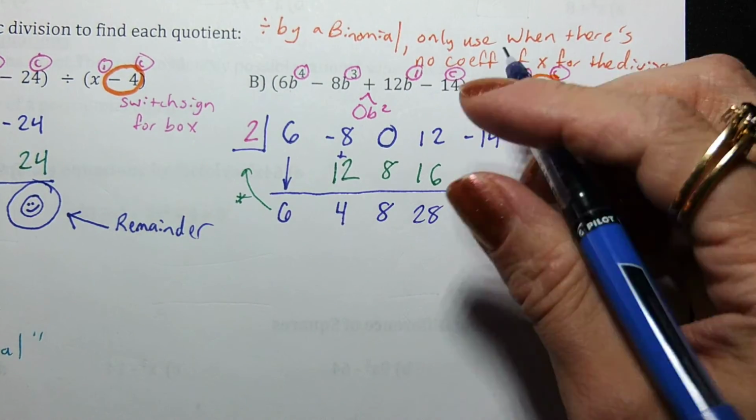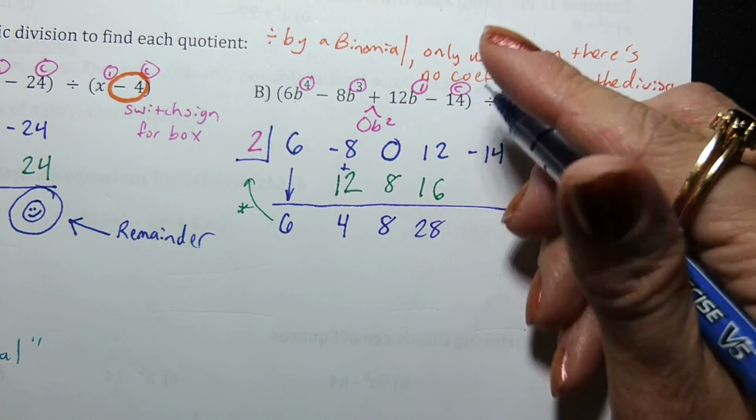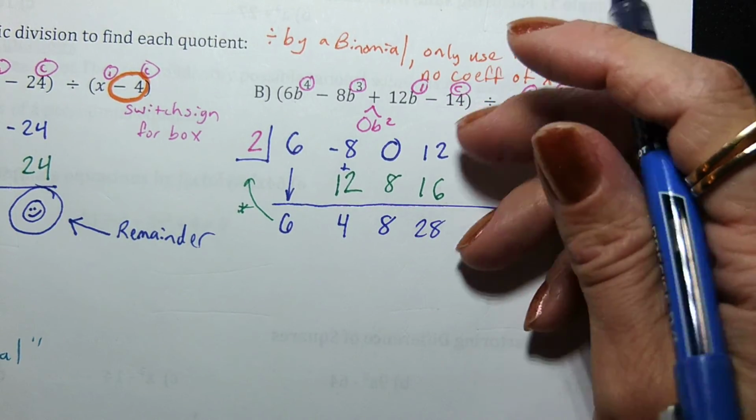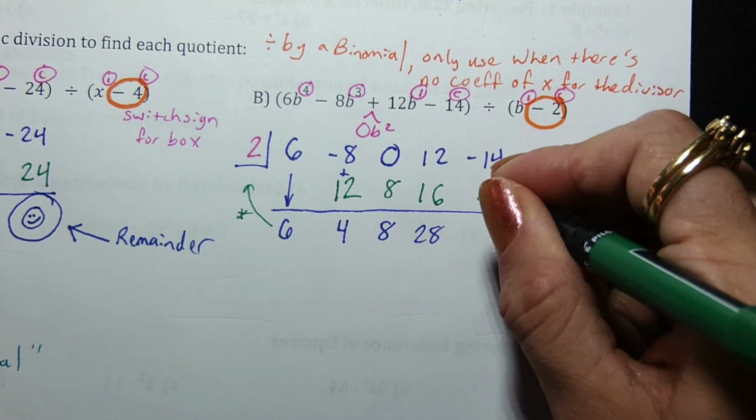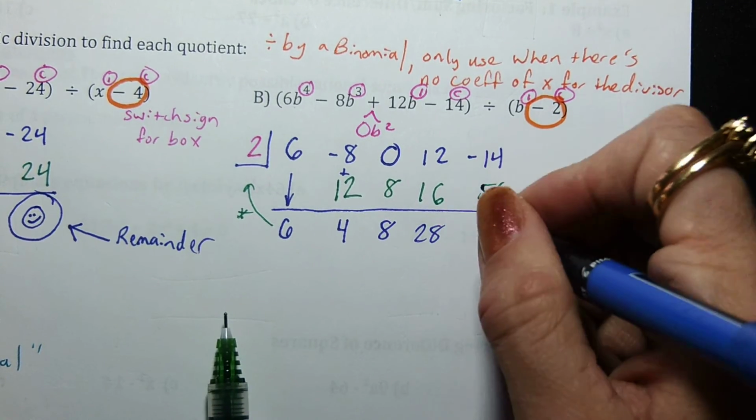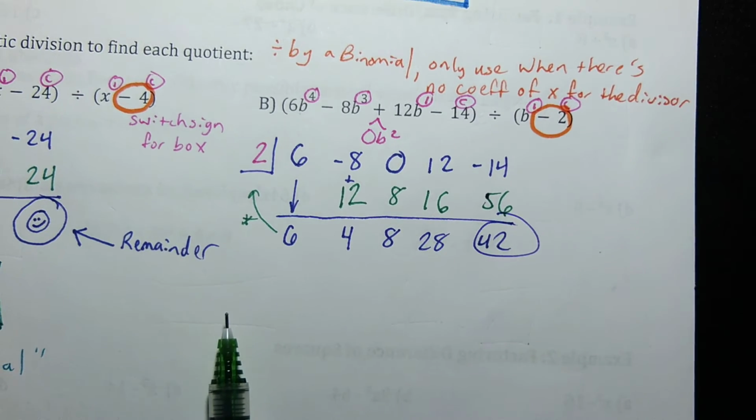Times the box. So 42 is going to be my remainder. So is b minus 2 a factor of that polynomial? Nope, doesn't go in evenly at all. How do we do with finding those items? Is it pretty good? Times the box, that's straight down.